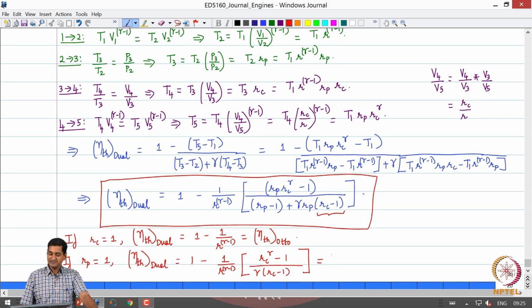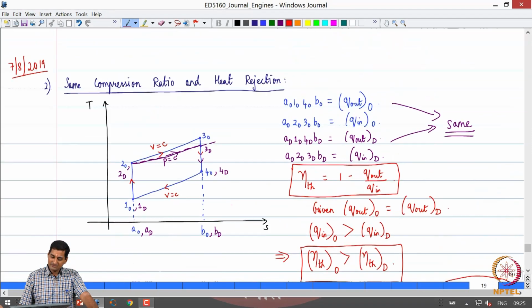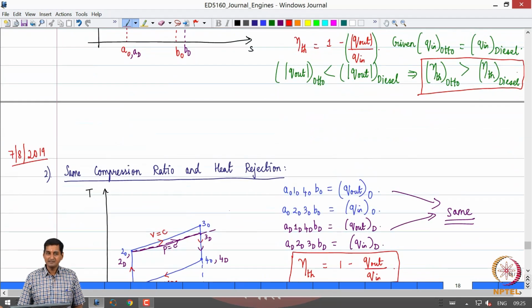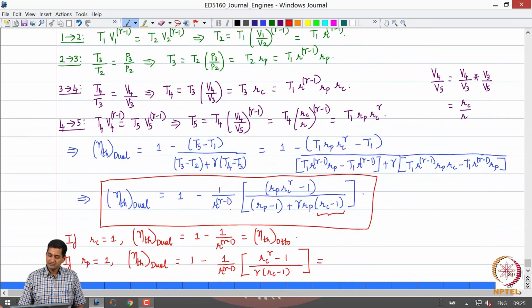And what is this expression? From the analysis of the diesel cycle that we did, that is the thermal efficiency of the air standard diesel cycle. So, the dual cycle boils down to the diesel cycle.